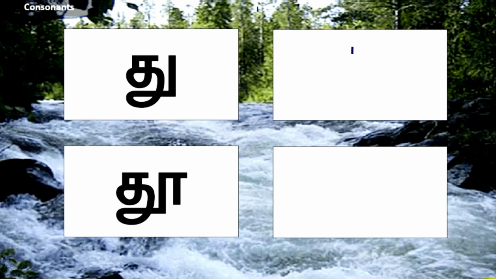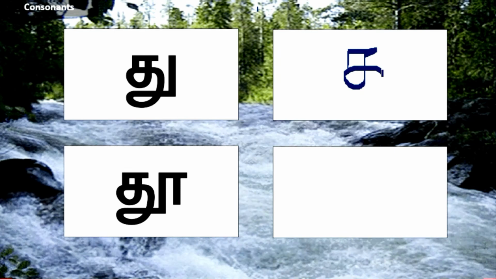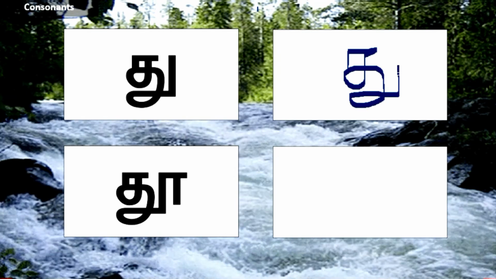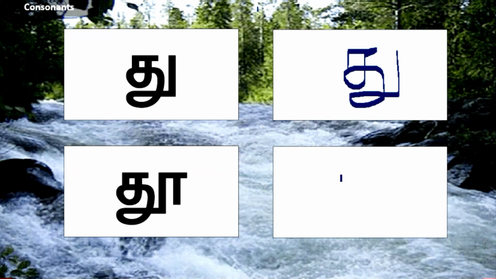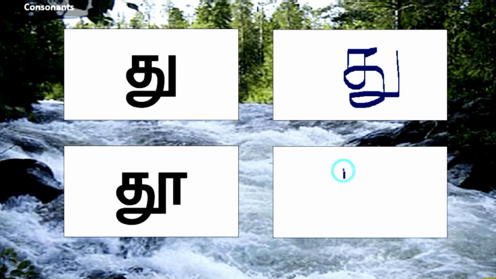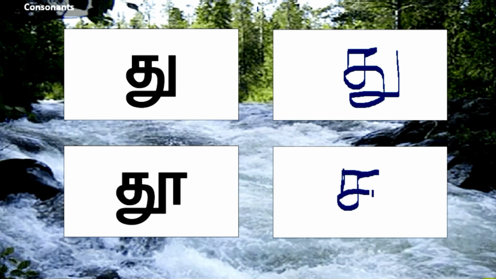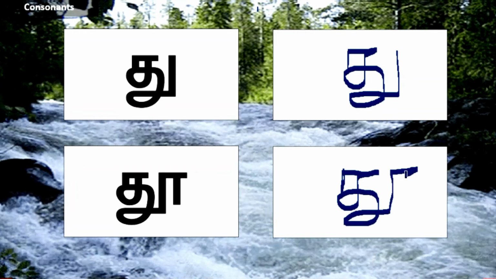For tu, we write ta, then we loop here, move horizontally forward and then a vertical line. This is tu. For tu, we write tu first, then a tunaikal.